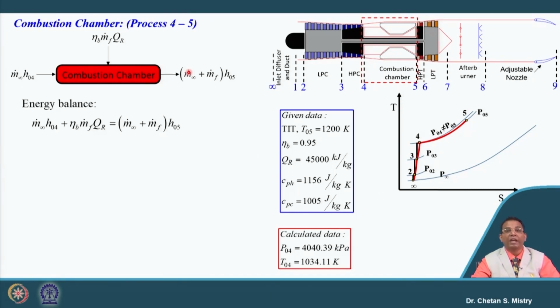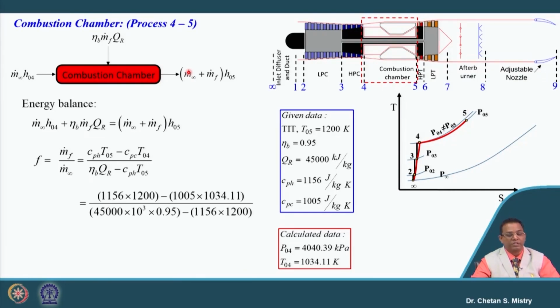If you write the energy equation, it gives me the value of F, the mass flow rate of the fuel to the mass flow rate of the air. Since in this case we know the value of Cp of hot gas, Cp of air, the turbine entry temperature, and the combustion chamber entry temperature, we can do the calculation, and this is coming 0.0084.